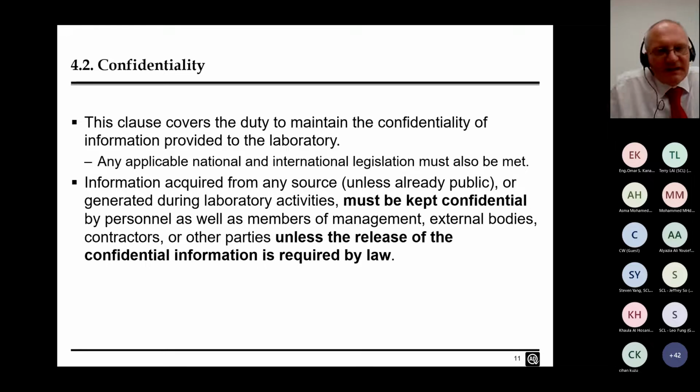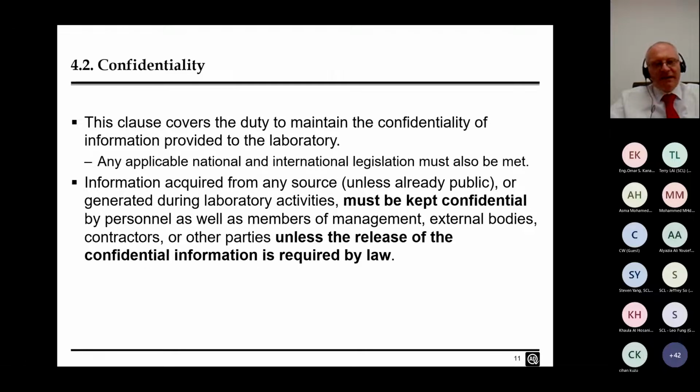4.2 is confidentiality. Again, this comes from the Casco requirements for 17025 for all the 1700 series. It's the same wording. By the way, this is not necessarily the wording of the standards. I've summarized it. You need to go back and read the standard after this before you do any sorts of assessment. You should be doing it against the wording of the standard.